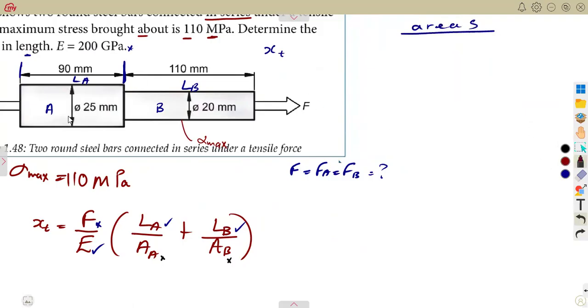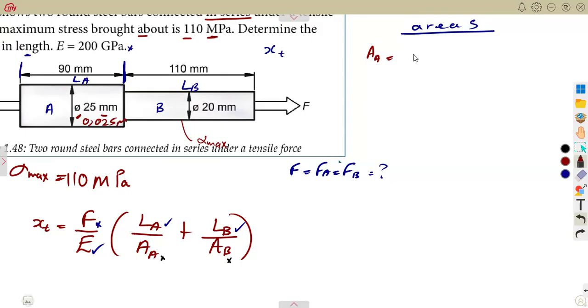The area at A is a circular part, and you're given the diameter. That is 25 millimeters. In meters, divide by 1,000, that's 0.025 meters. You can just use 25 times 10 to the power of minus 3.